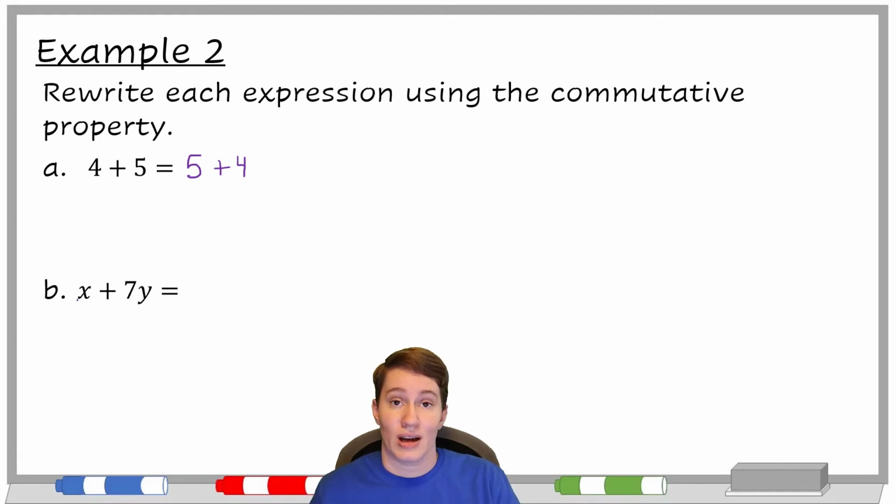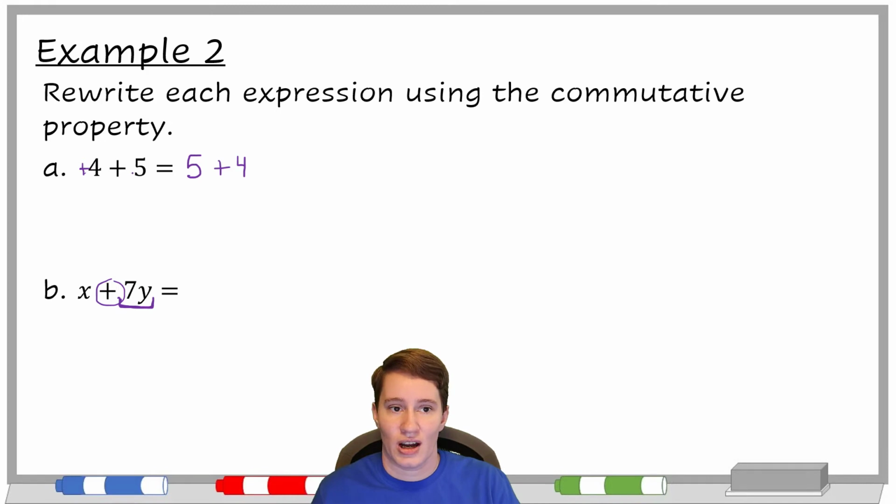So for B, we've got variables involved, but it's still that we just need to switch them around. This, by the way, this 7y, those have to stay together. And also when you're switching things around, whatever the sign in front of, whether it's positive or negative, has to do with what's right in front of what we have. So this is a positive 4 because there wasn't anything in front, so it defaults to positive.